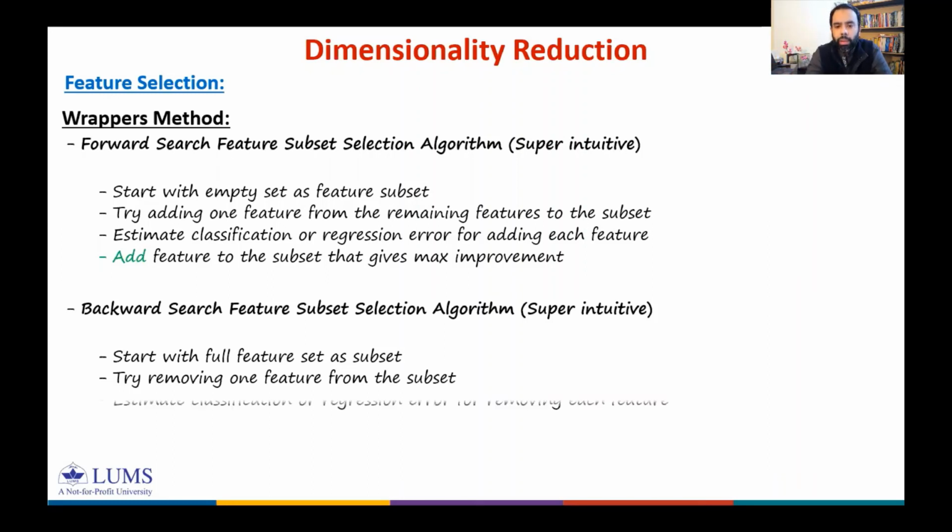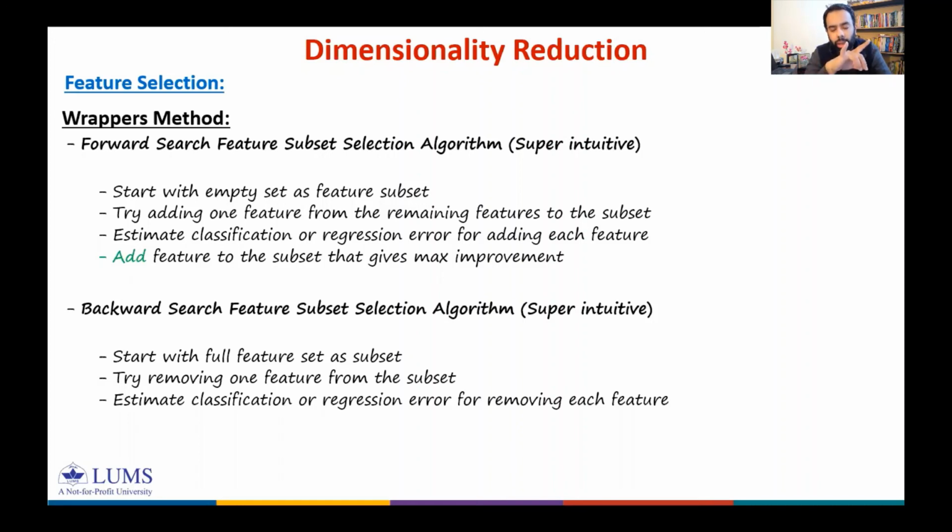So you keep on removing features one by one, and you evaluate the performance of the classifier, the performance of the predictor, by removing each feature. And finally, you drop the feature that is going to have minimal impact on the error, or it may reduce the error.